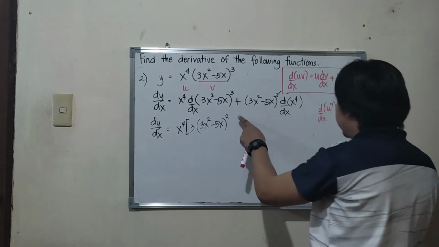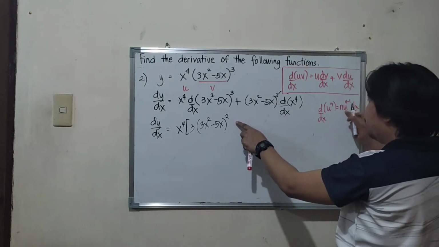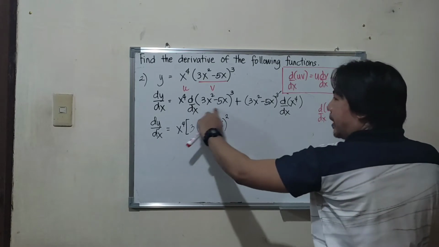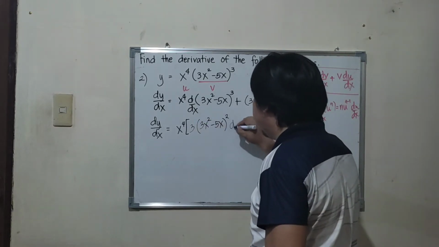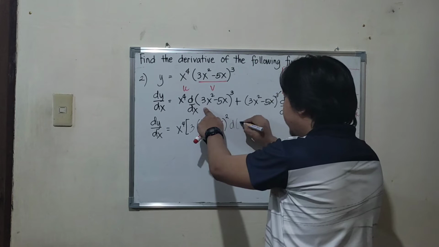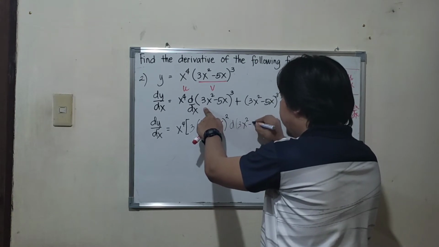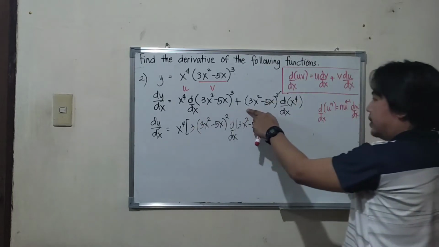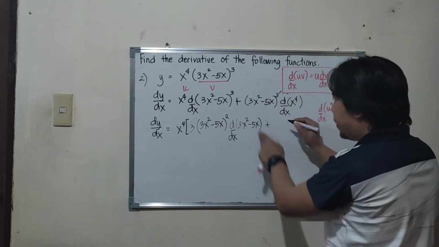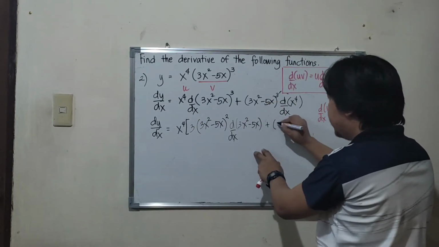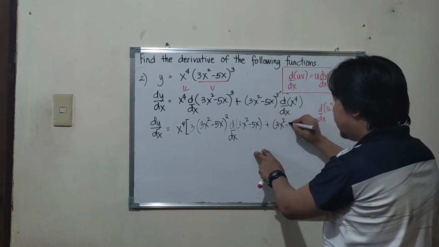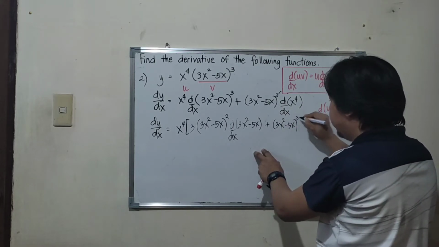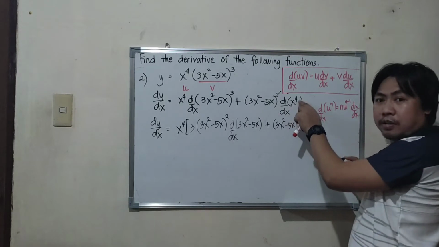So we have, so nandito pa lang tayo, n u to the n minus 1 times derivative pa nito. So we have derivative of 3x squared minus 5x with respect to x. So plus this term, we have, so just copy this. We have 3x squared minus 5x cubed times derivative of x to the fourth.